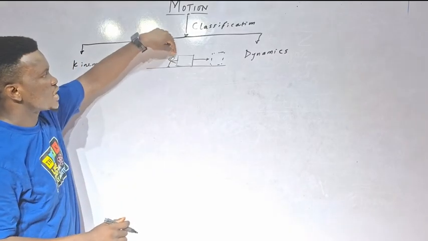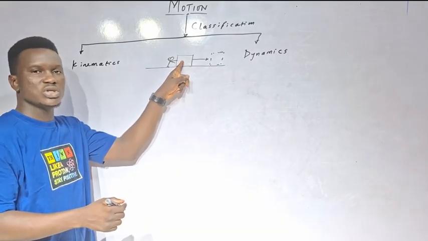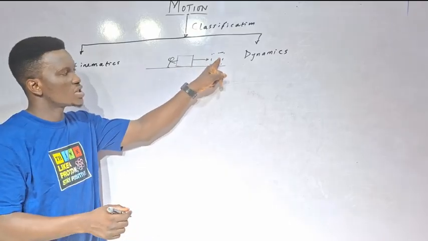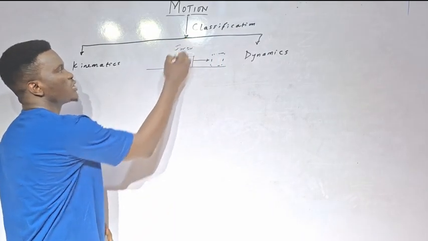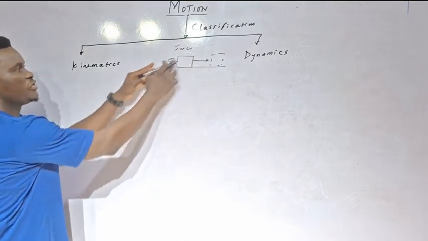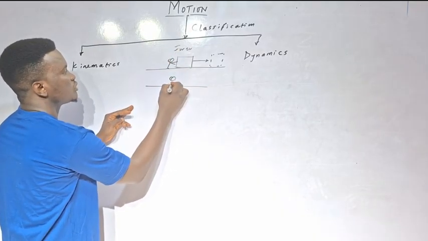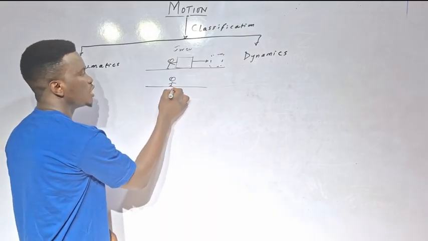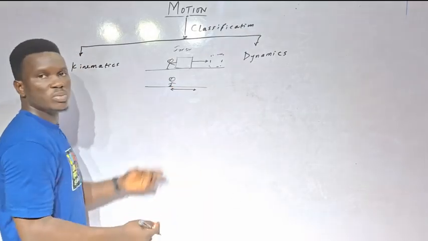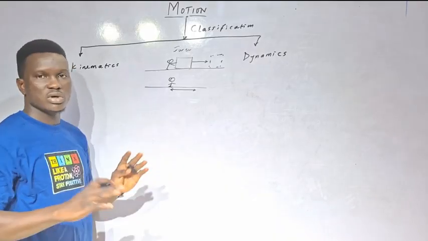This body did not just leave this position, it left this position and changed to this position, because I applied the force. So when you are talking about motion without referring to that force, this body can just decide to move from here to another place. You can just be talking about how far it went. Nobody is pushing the body, although there is a force in play, but we are not even going to talk about the force.